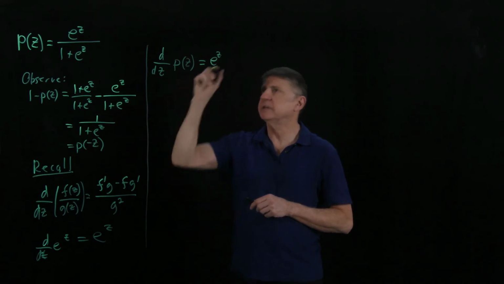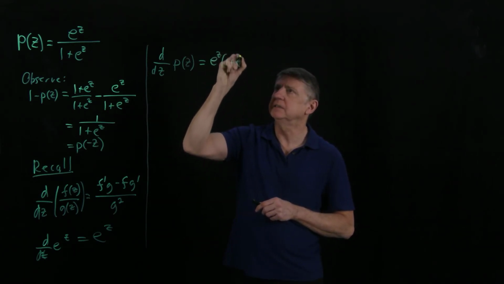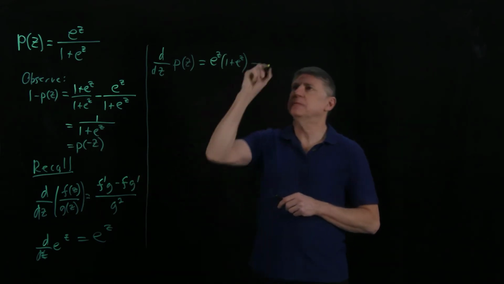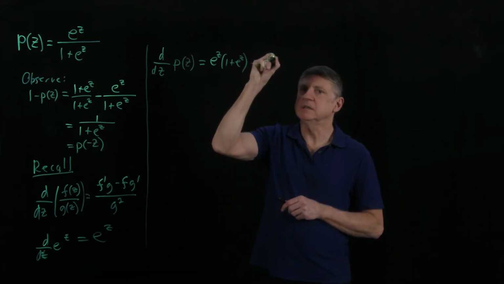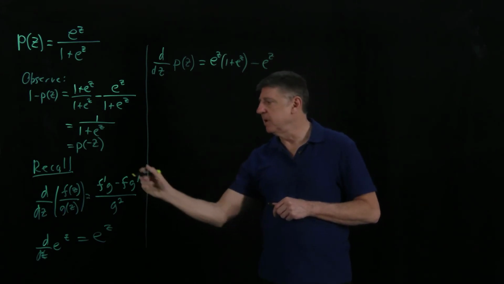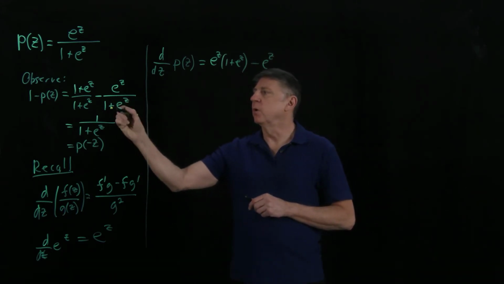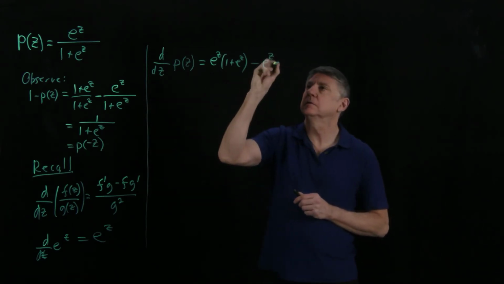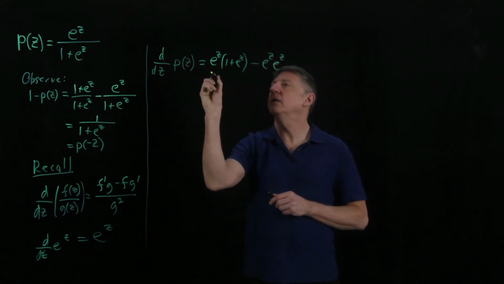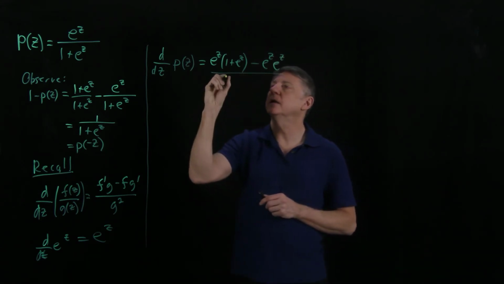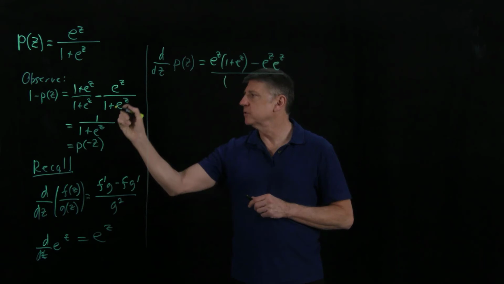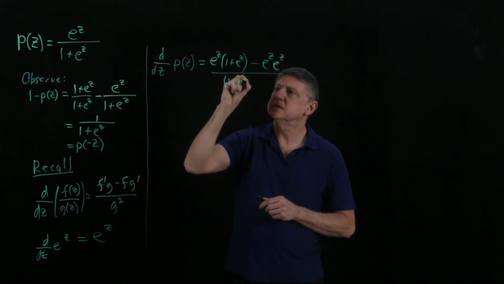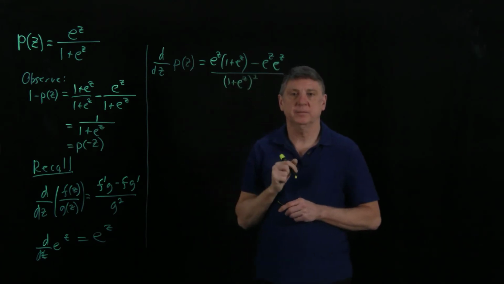That is 1 plus e to the z, and then minus f, which is e to the z, times g prime. What's the derivative of 1 plus e to the z? Well, that is e to the z. And then the denominator is g squared, so that is 1 plus e to the z, quantity squared.